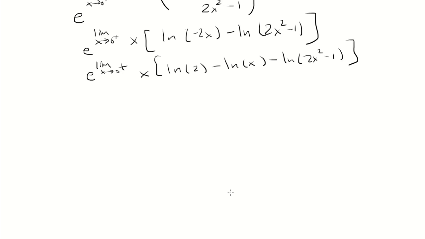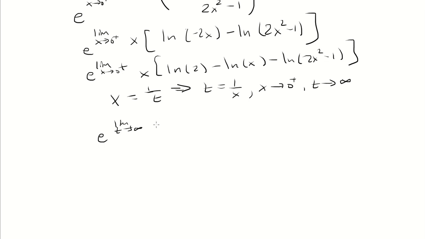And so to solve this, I'm going to make a substitution and let x equal 1 over t, which if I flip both sides, t is going to equal 1 over x. And so as x approaches 0 from the right, t will approach 1 over 0, which is positive infinity. So then we have e to the limit as t approaches infinity.